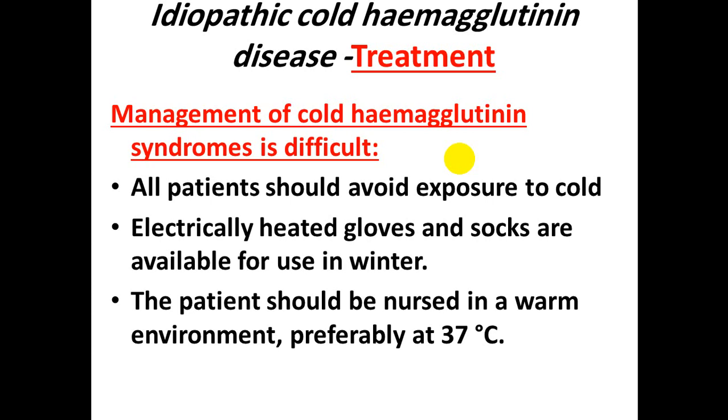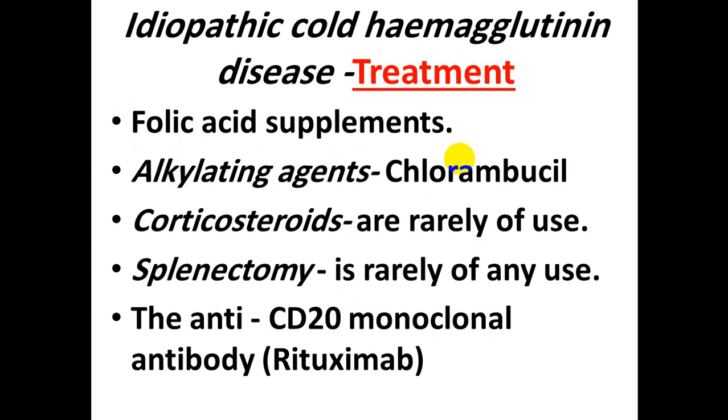The patient should be nursed in a warm environment, preferably at 37 degrees Celsius. But we should also give patients with idiopathic cold hemagglutinin disease folic acid supplement, and an alkylating agent such as chlorambucil, which is used in chronic lymphocytic leukemia and lymphomas.